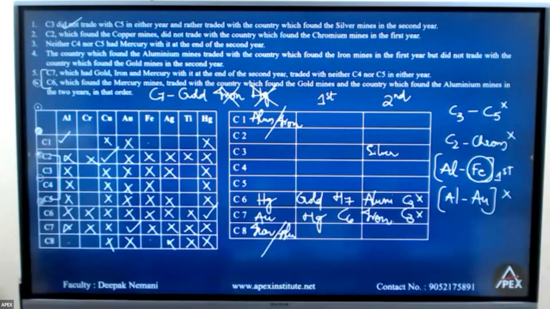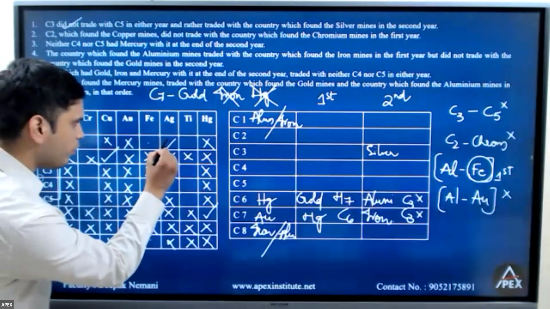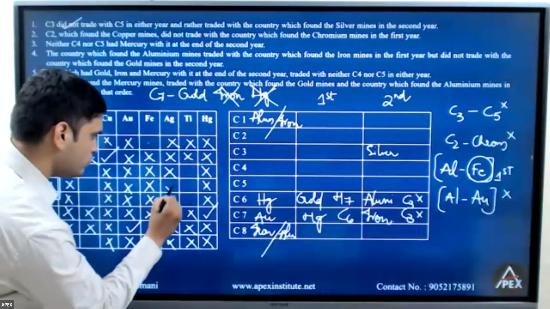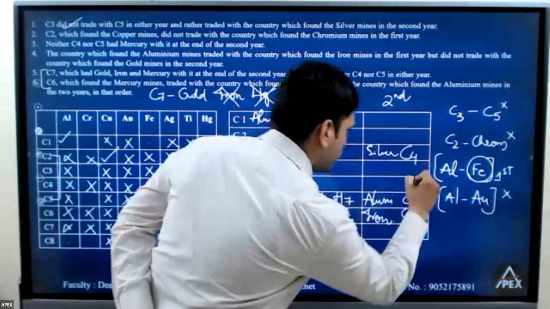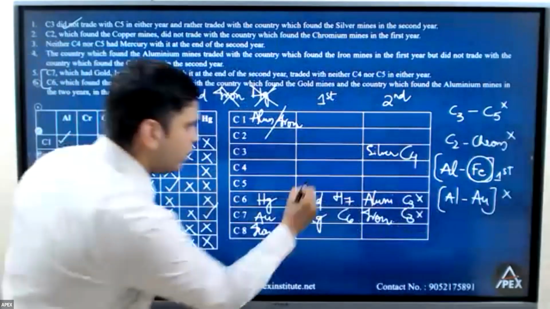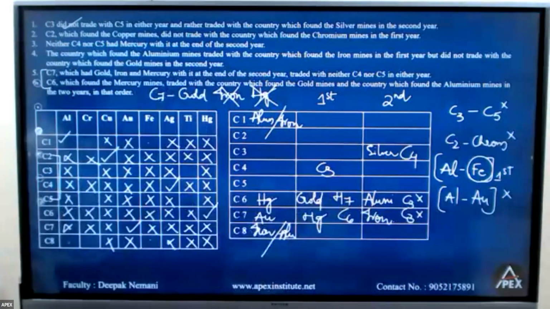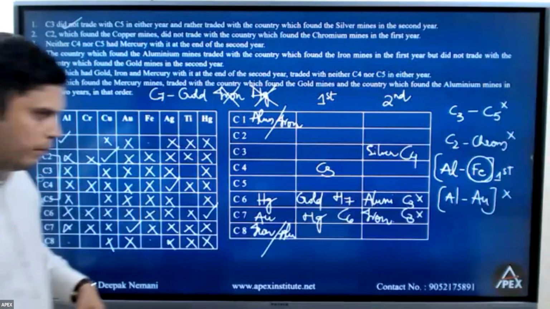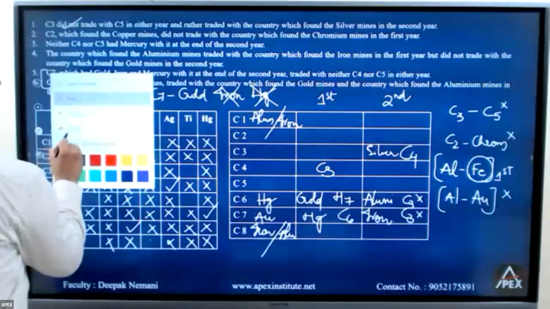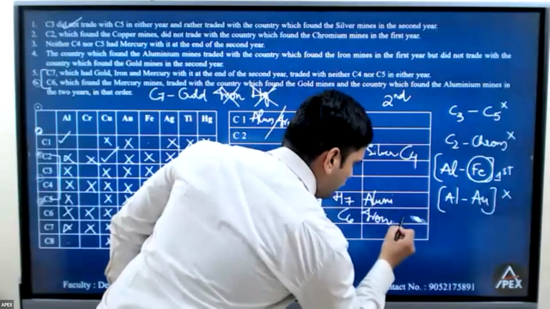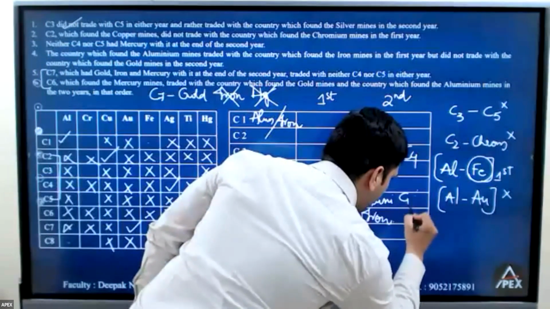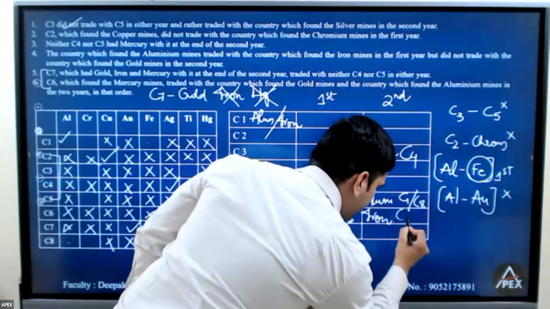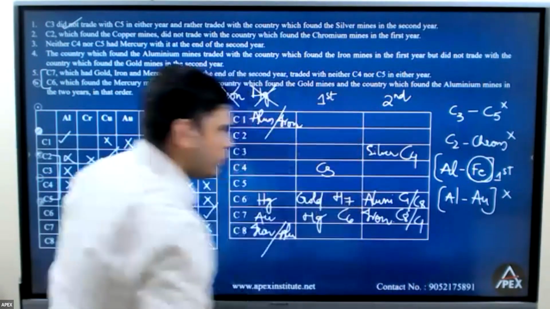C4 silver, only that is left, so this cannot be. So C4 is silver. So C4 traded with C3. Now in the second year, if C1 is aluminum, this can be either C1 or C8. So if this is C8, this will be C8 or C1.